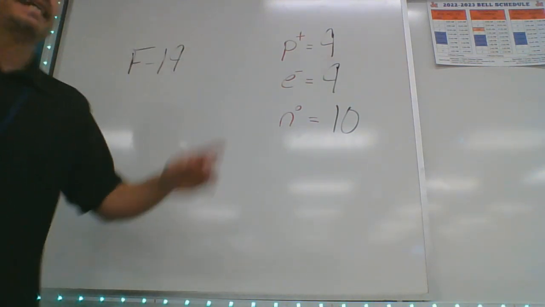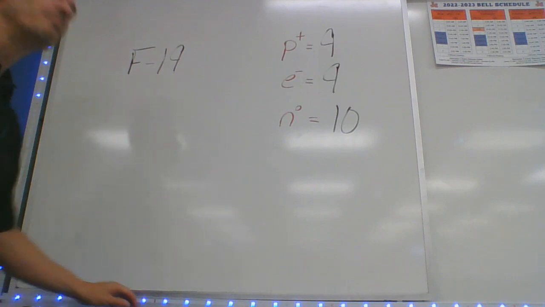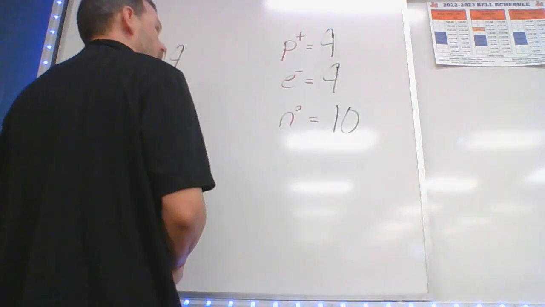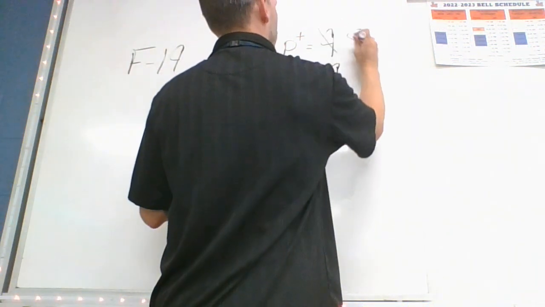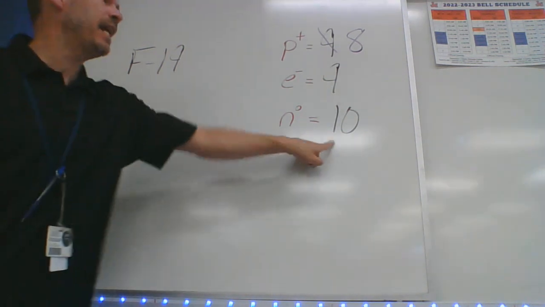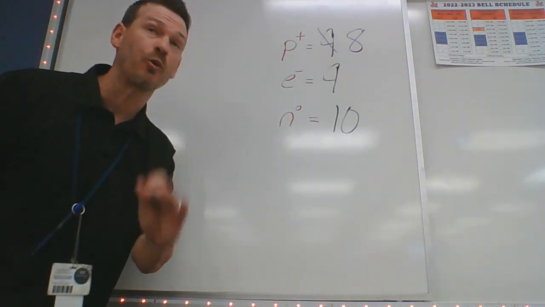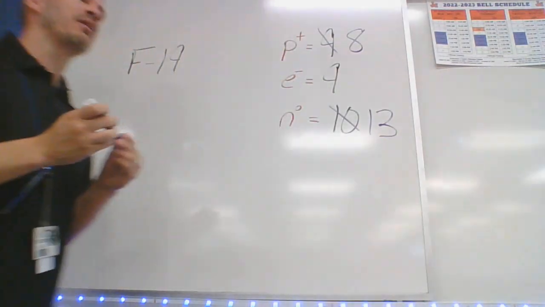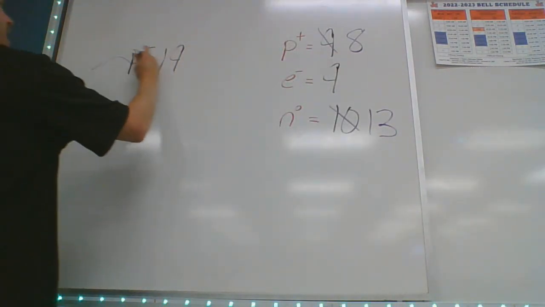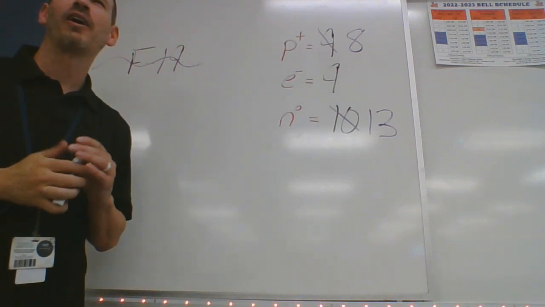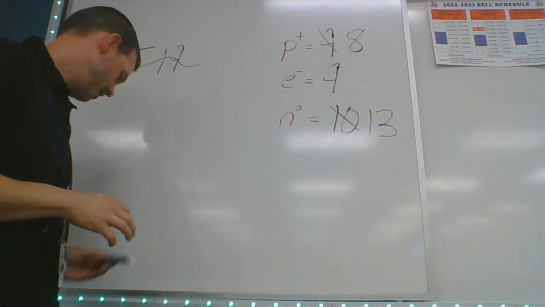That's fluorine 19, but look what this says. It says remove a proton. How many protons will there be if we remove one? There would be 8. And it says add 3 neutrons. How many neutrons will there be if we add 3? 13. So the question becomes, what is he if those are his numbers?